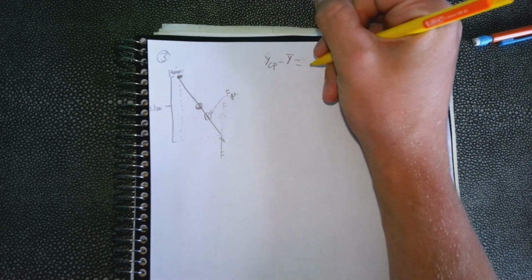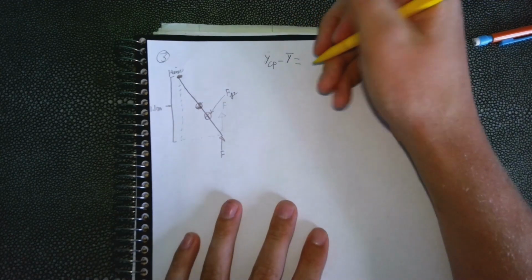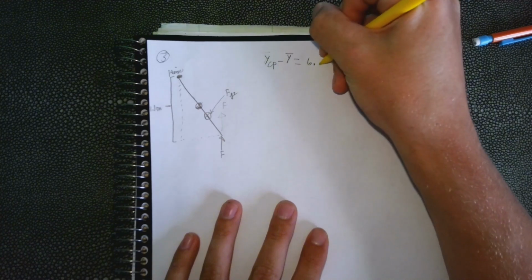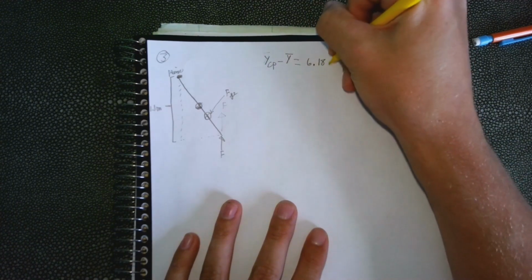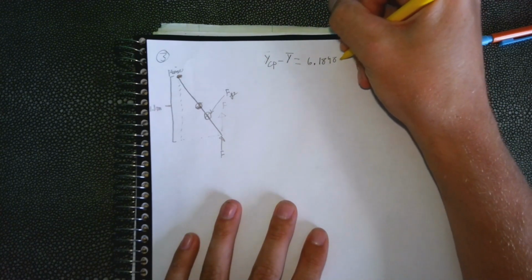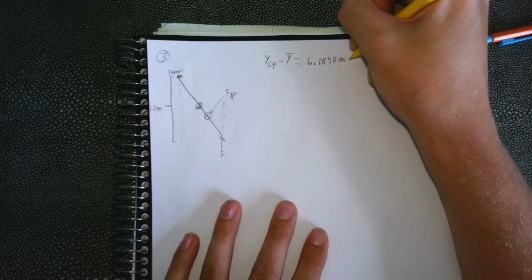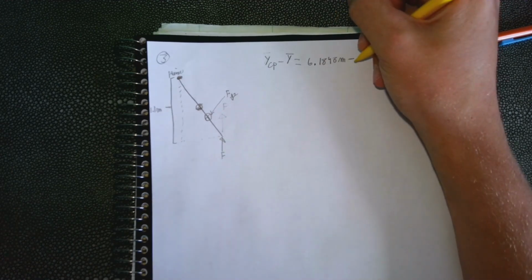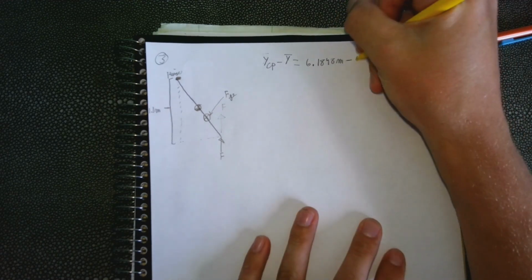If you do that, it is 6.1848, right, meters minus, these are just values we've already found.